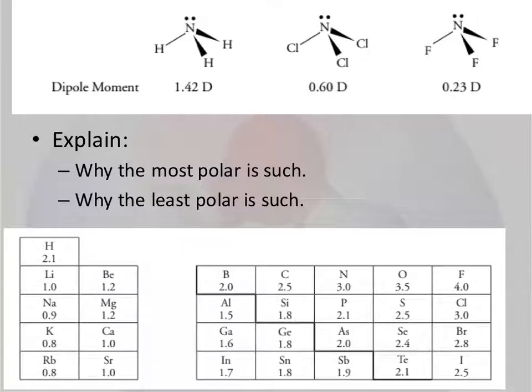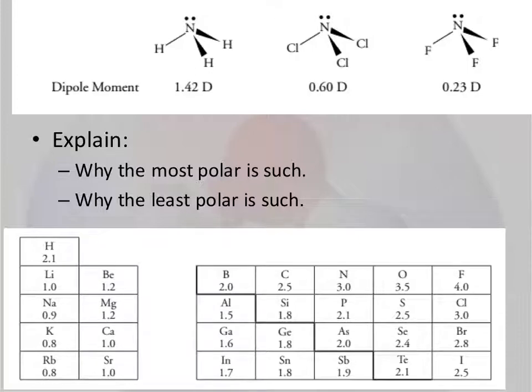All right, so going back to our examples from a while ago, we have these three molecules, and we know that this one is the most polar and this one is the least polar. We're going to attempt to explain why. Down here we have a chart of electronegativity values.